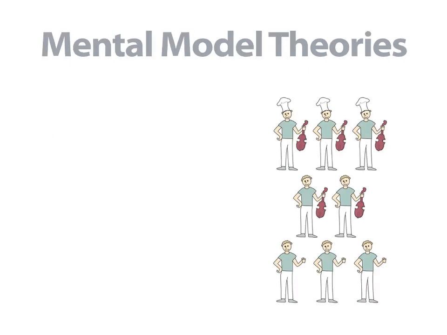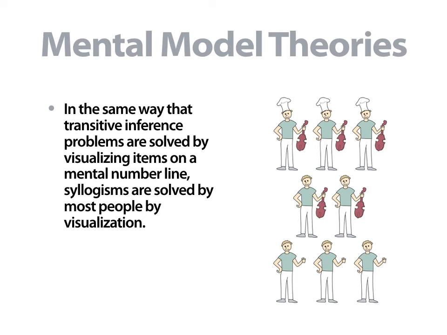Well, according to the mental models theory, what you do is you visualize a series of chefs and a series of non-chefs and a series of violinists and a series of non-violinists that conform to the rule that you were given. So in the same way that transitive inference problems are solved by visualizing items on a mental number line, syllogisms might be solved by visualization.